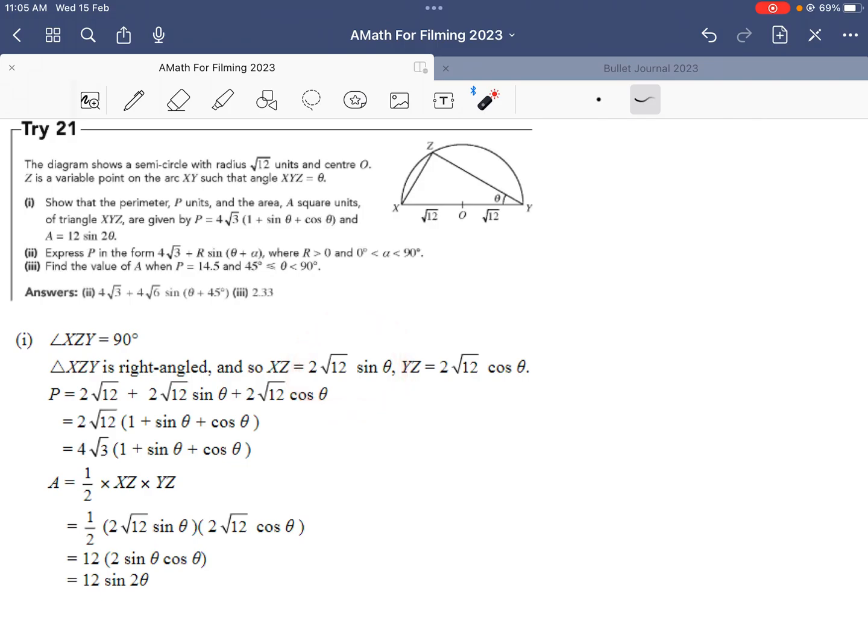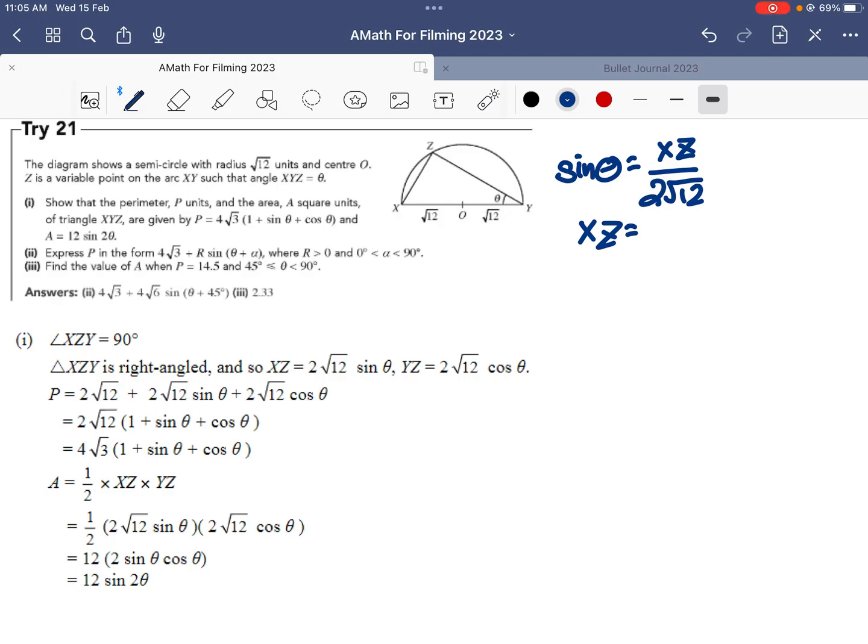You may be wondering how they get this and this. Okay, this angle is given as theta, so if I want to get xz, see for this portion here, xz, okay, so is opposite over hypotenuse. So what I will take is opposite is sine theta is equals to opposite xz over hypotenuse, which is 2 root 12.